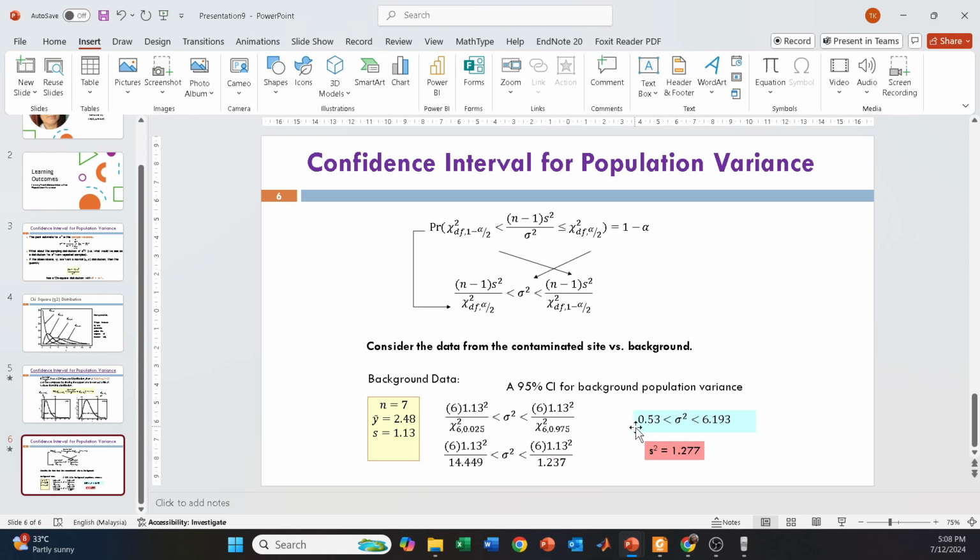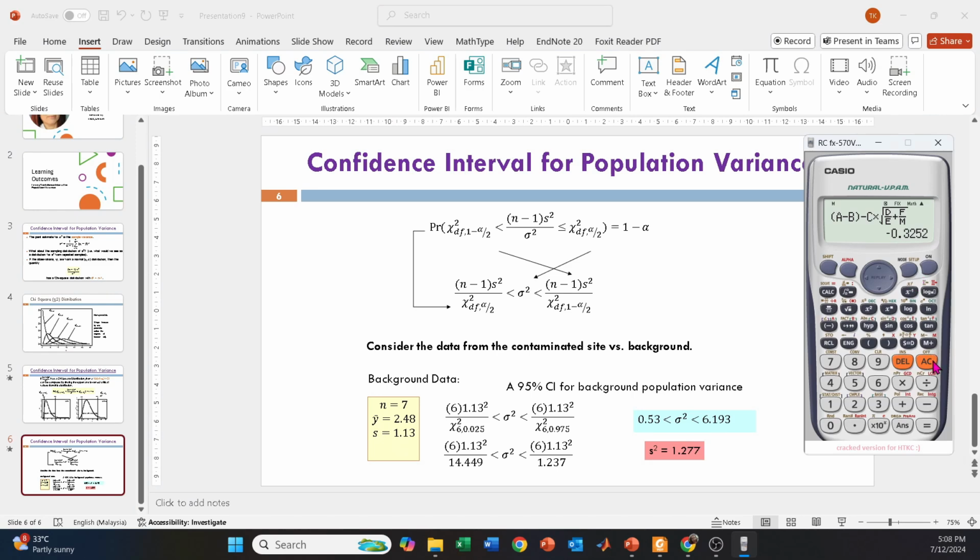so we get the population variance is between 0.53 and 6.193. The s squared, if you calculate now, 1.13 squared, you get 1.277. If you want to calculate here, 6 times 1.13 squared divided by 14.449, you get the lower limit.